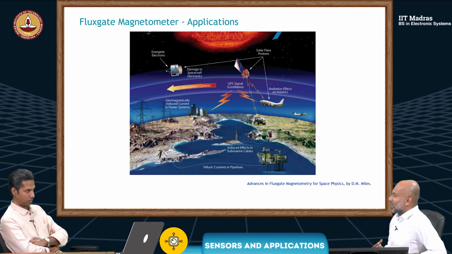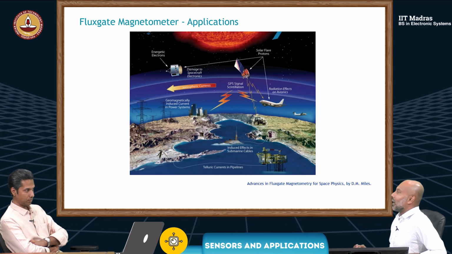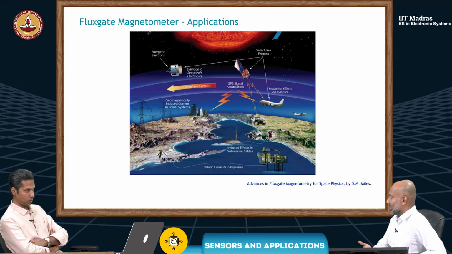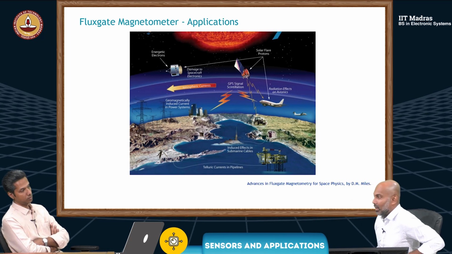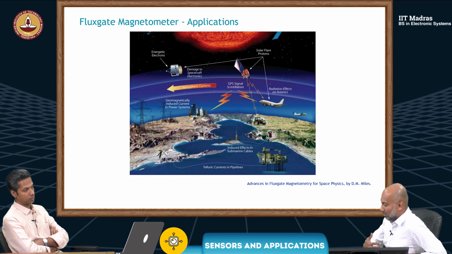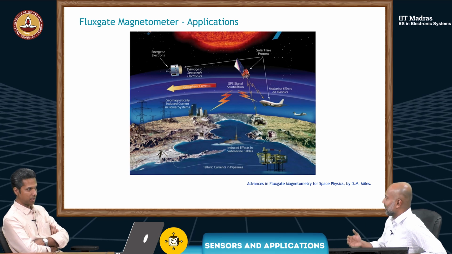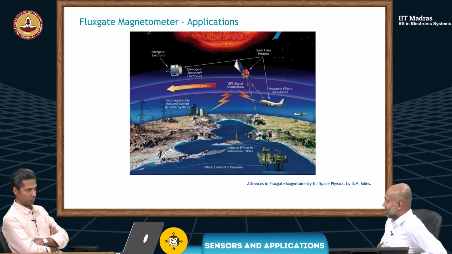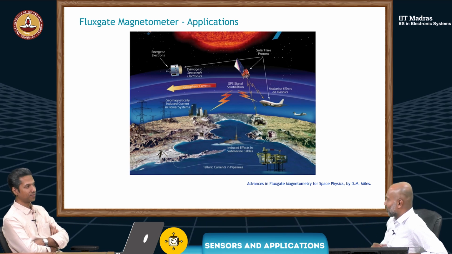I thought last time we didn't really explain clearly to the students how flux gates and surge coils are used in the space industry, and also the number of missions that so many countries have done, and the number of flux gates and surge coils they have used in their overall space system.